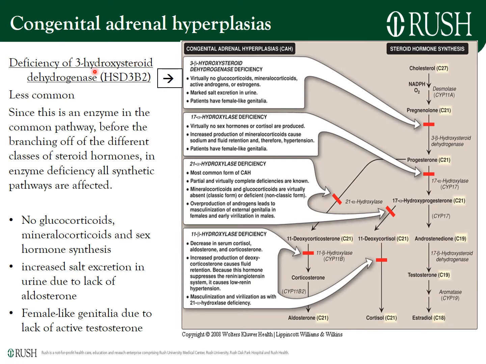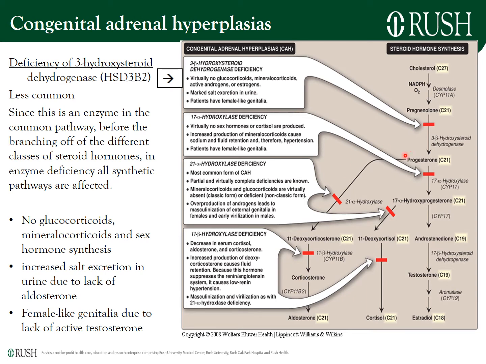So the first example is the so-called 3-hydroxysteroid dehydrogenase, HSD3B2 gene mutation. This enzyme is missing, and please note that this enzyme is before the branching of the different kinds of steroid hormones. So consequently, because this enzyme is not working, none of the steroid hormones can be synthesized.